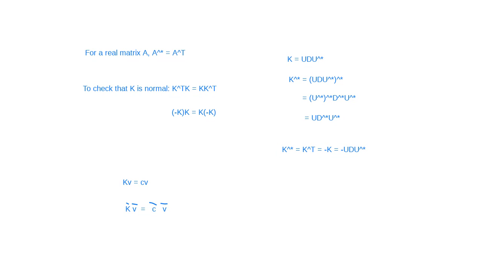That tells you that K V bar equals C bar V bar. Oh, and I forgot a bar over V. So what it tells you is that if C is an eigenvalue, so is C conjugate.